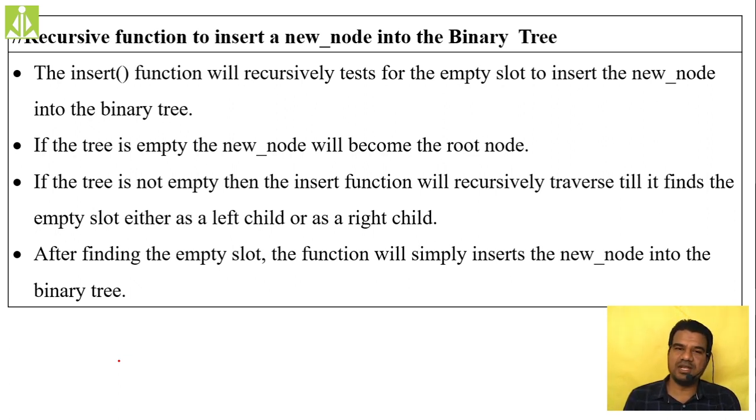First we do insertion, because with the insert operation only we create the tree. After creating the tree, we perform the traversals on that tree. Here not a single type of traversal; we are going to have multiple, different types of traversal, which we will discuss. Then finally the delete operation.